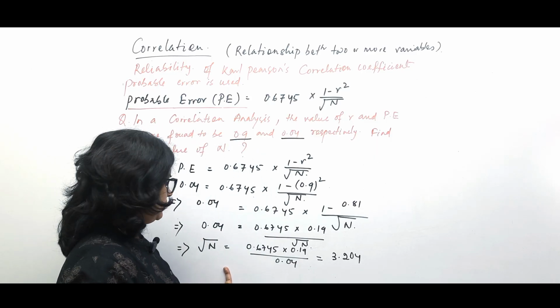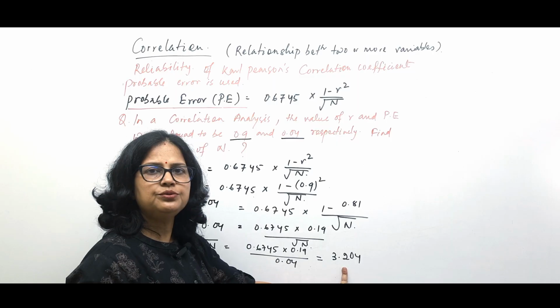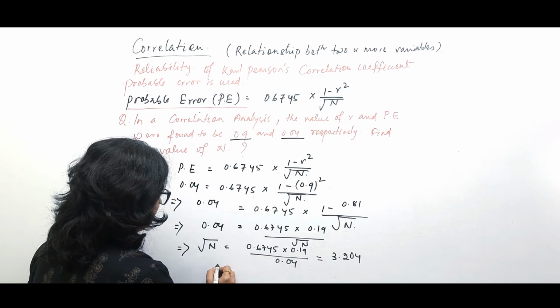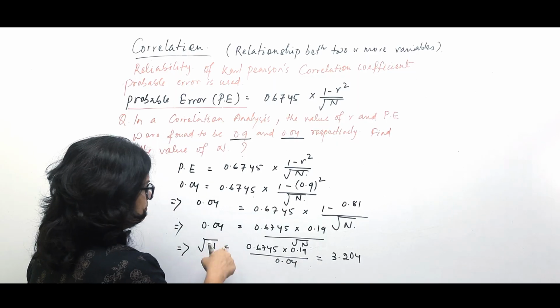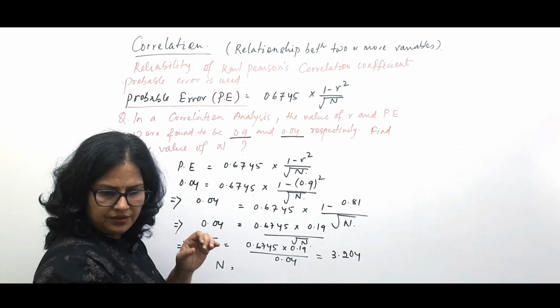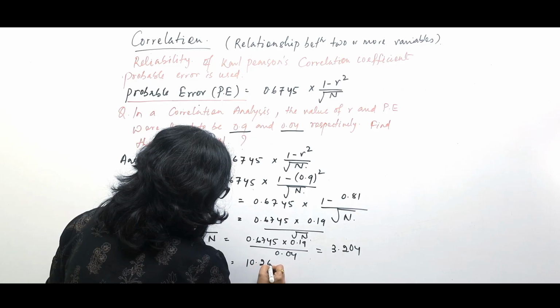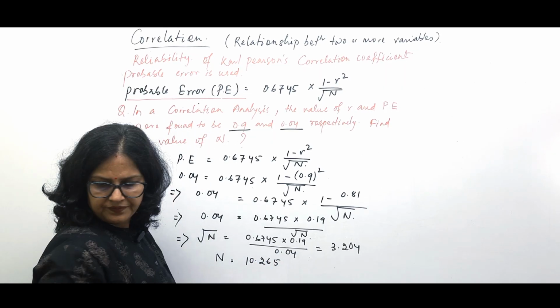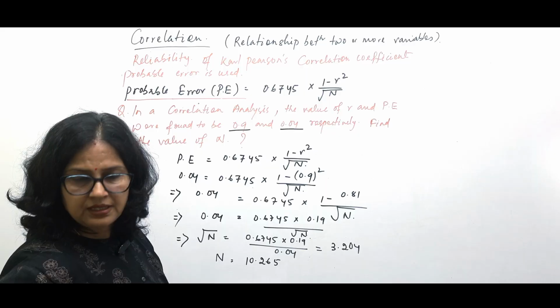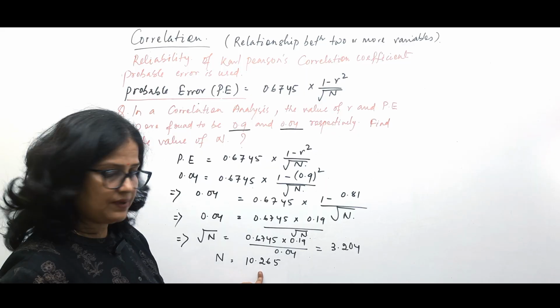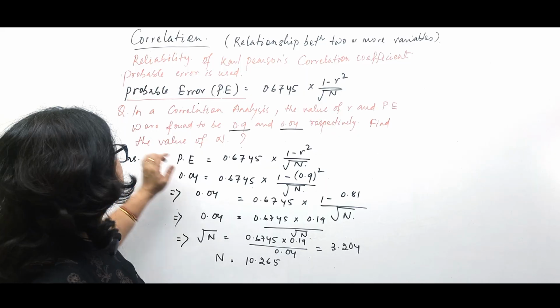Root over of n equals 3.204, and to find the value of n, you square this, and it comes to 10.265.